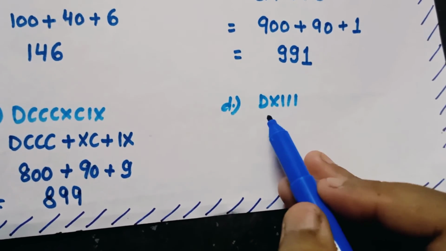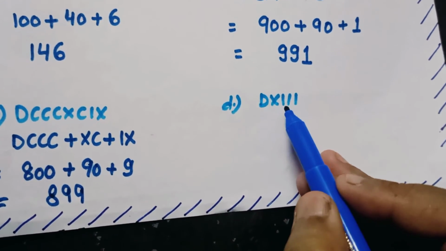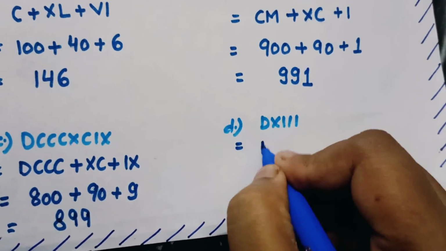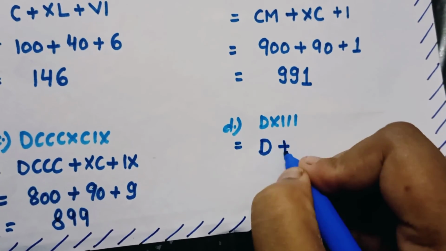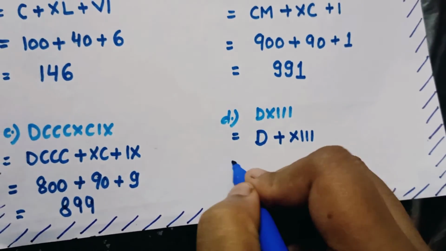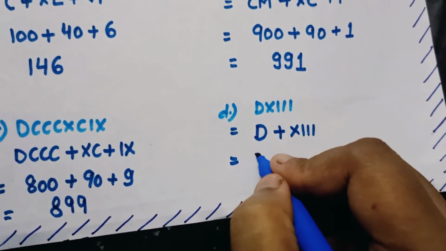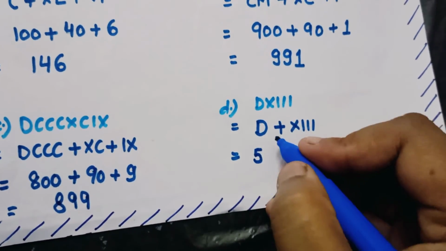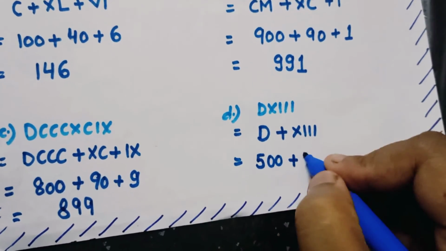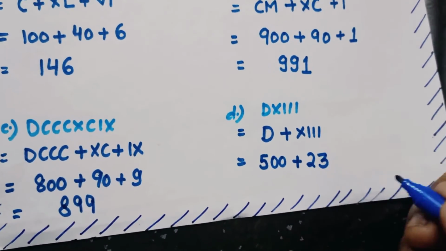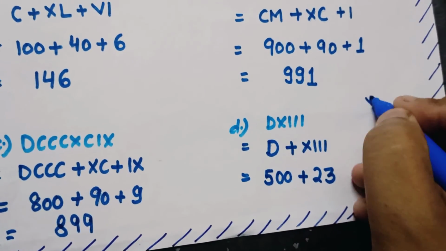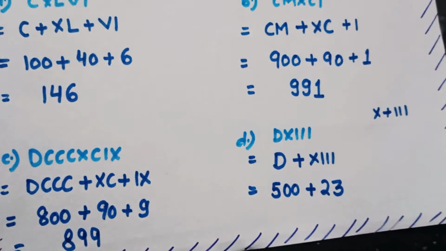Okay, now we will see D part. The question is DXIII. Now how to expand it? D has a particular number, then XIII also has a particular number. So D means 500 and XIII means 13. Or we can also expand it like X plus III.